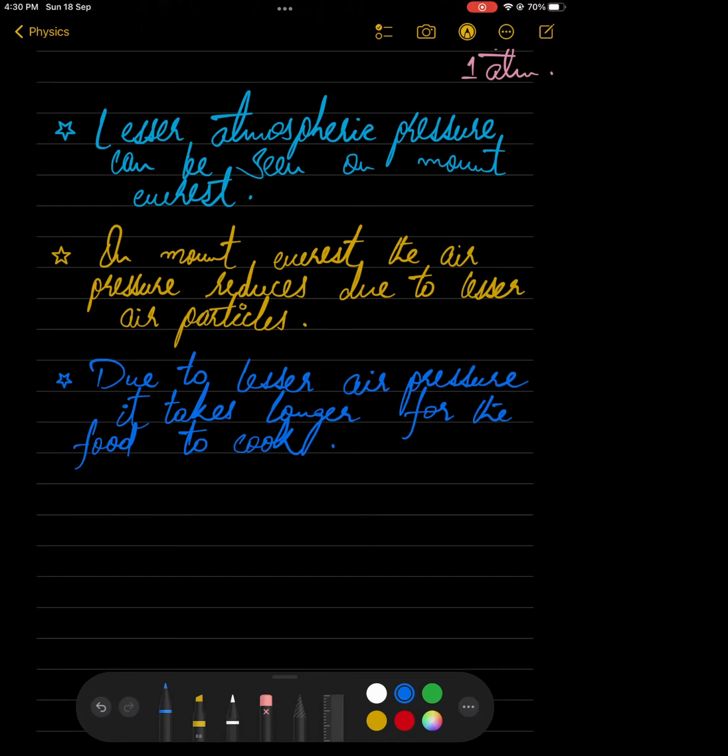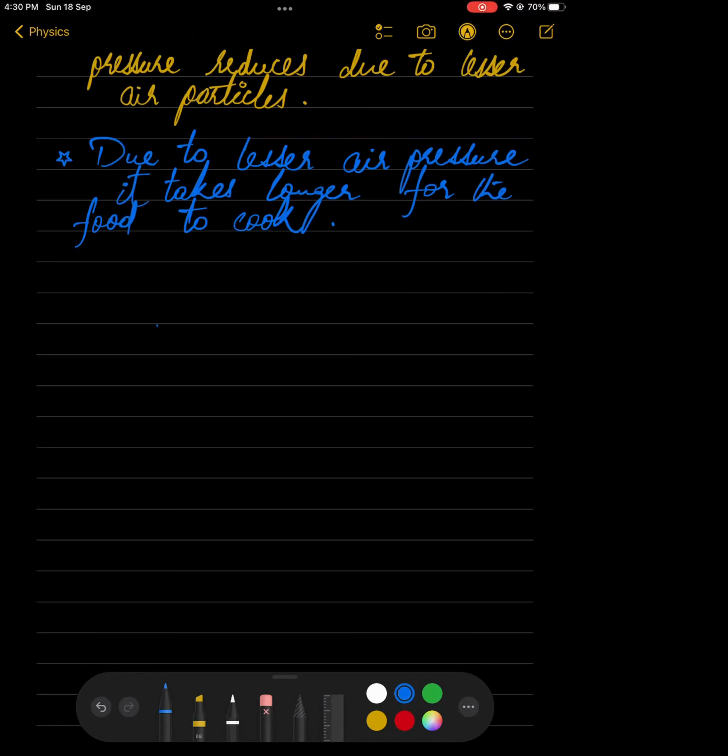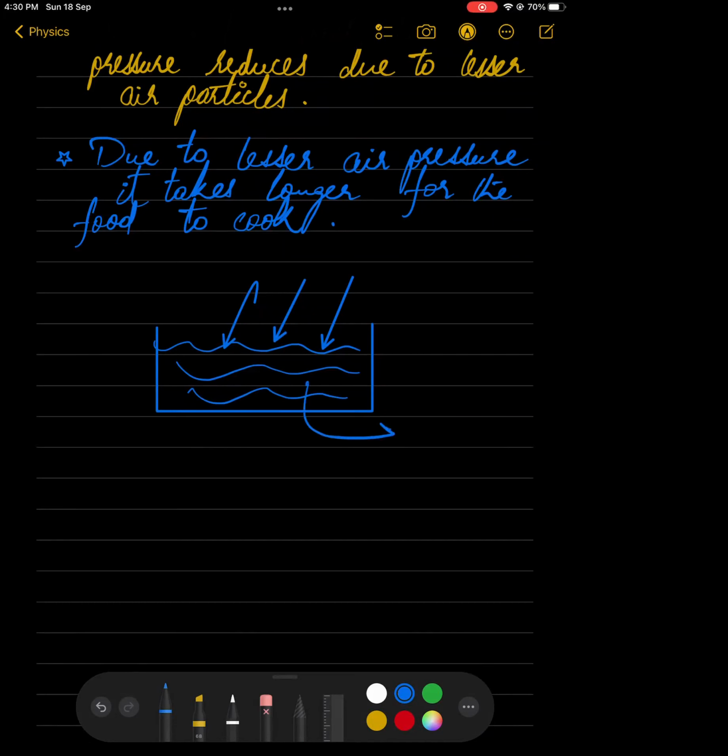But we also need to understand the back story of why it is happening. It happens because let's say we have a cooker or any sort of utensil in which we are cooking the food, so the food here is being pressed from the top. And when it is being pressed from the top, like the air is applying a force onto it, it is easier to cook or easier to boil.